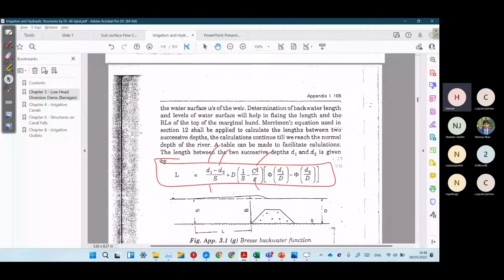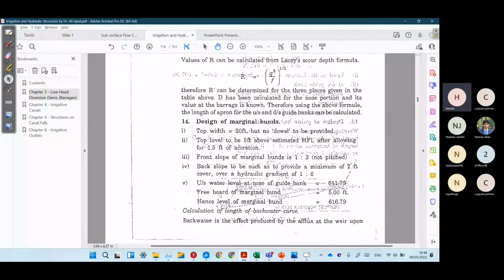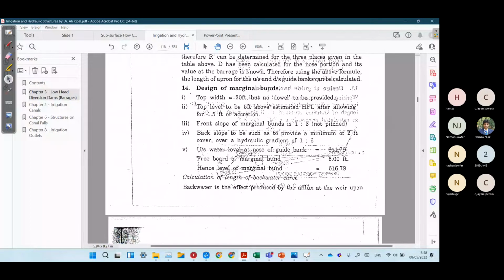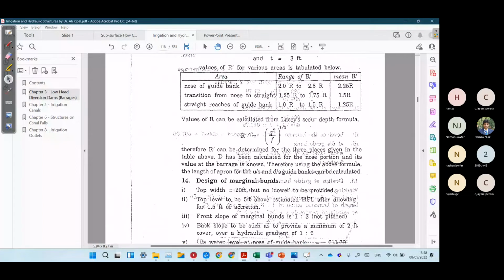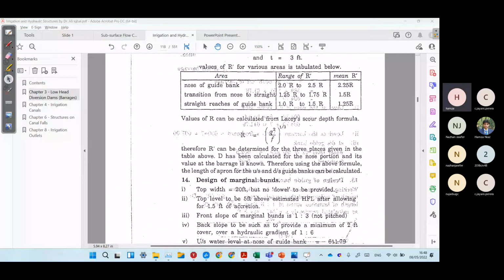So for this, if you move to this, we have the upstream water level.